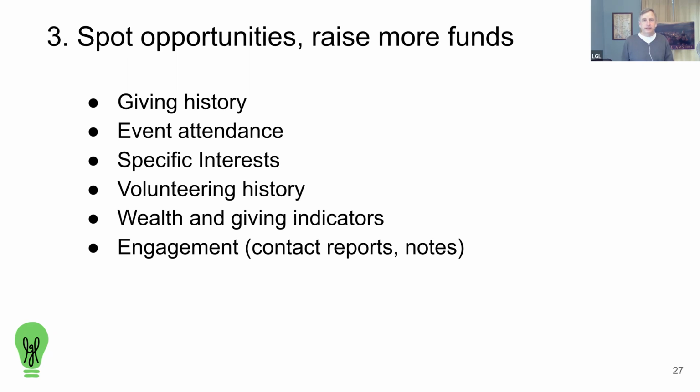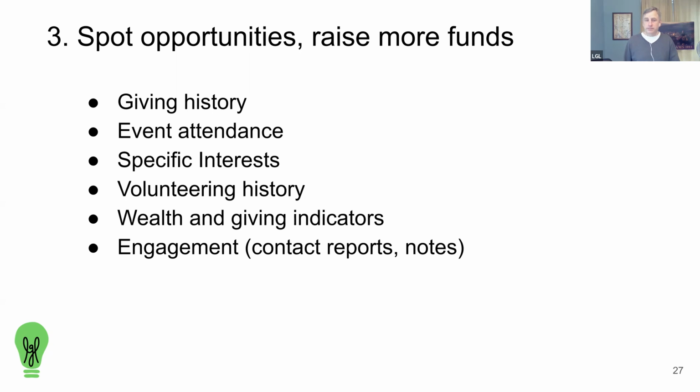Spotting opportunities, I've been alluding to this throughout, the ability to use all that data that you have at your fingertips as you're doing things like sending out appeal letters or a capital campaign type of ask. There are lots of ways that you can look at people's interactions with you and put that to use, like their giving history, first and foremost, but also their event attendance, specific interest areas, their volunteering history with you, wealth and giving indicators.